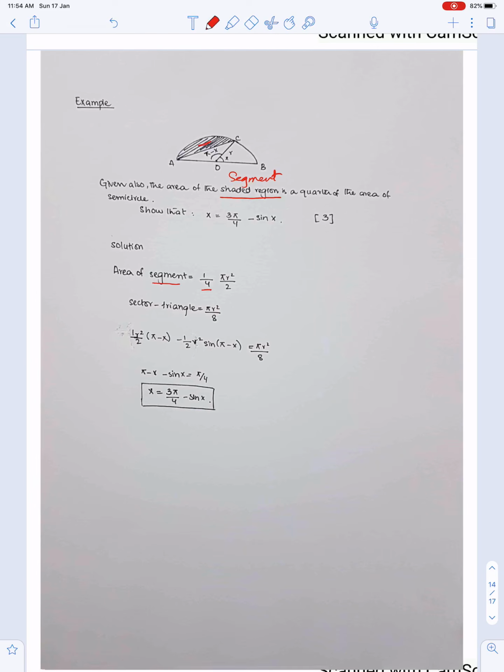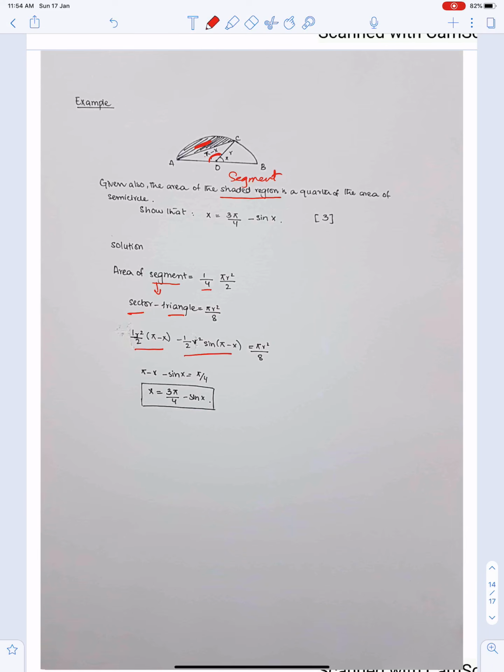So how to find this area? This is sector minus triangle. Area of sector, you all know, is half r square theta. Area of triangle is half r square sine of this angle, pi minus x.